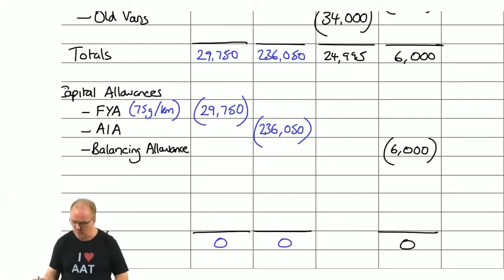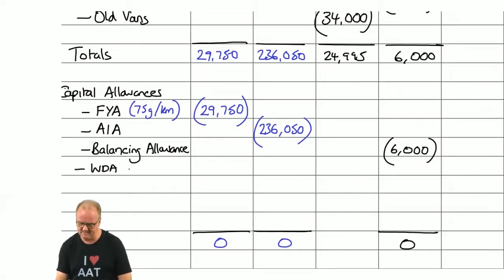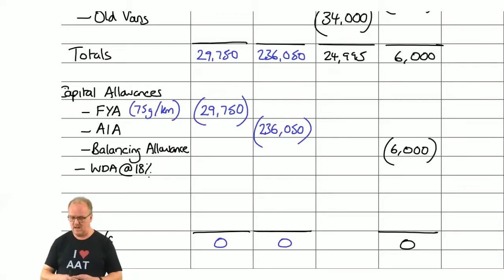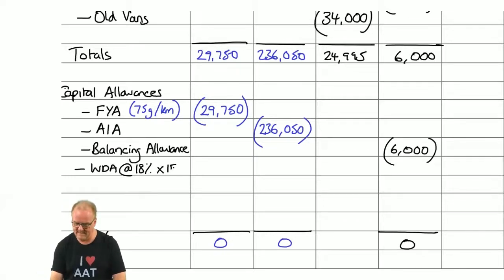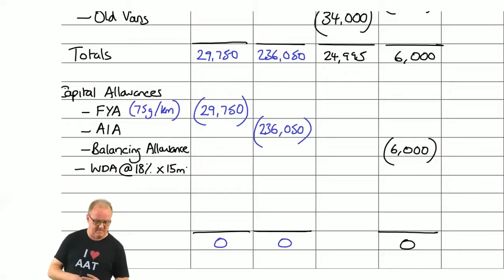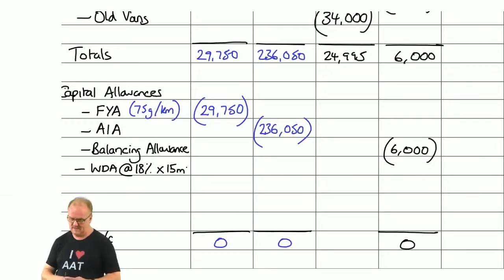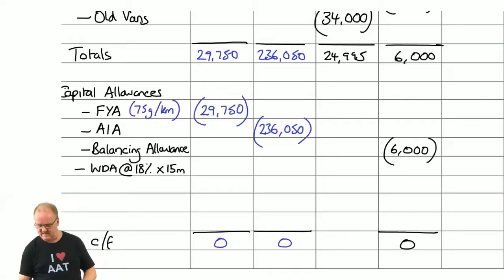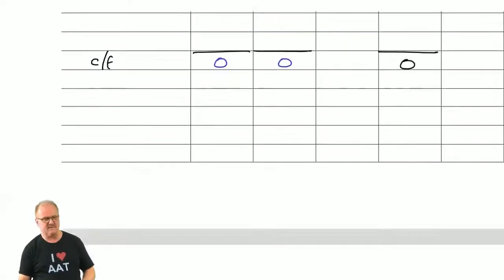And for the general pool, he's going to get writing down allowances at 18%, but it's a 15-month period. So what does that mean? Maybe we should do this as a little calculation down here underneath, just so we've got a bit of space to consider it.